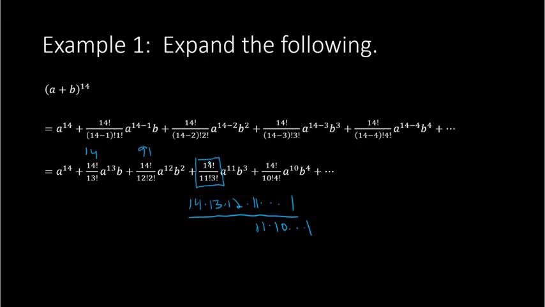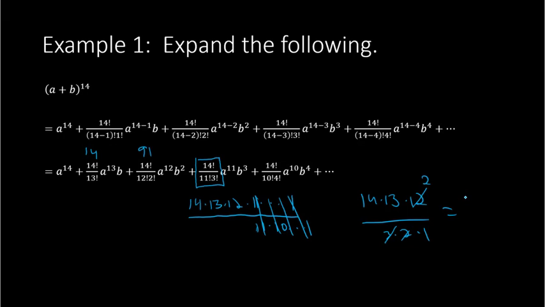So for 14 factorial over 11 factorial, the 11 all the way to 1 will cancel. So you're left with 14 times 13 times 12. But don't forget you have the 3 factorial also, which is 3 times 2 times 1. Well, 3 times 2 is 6, and then 12 on the top will divide with 6 in the bottom. So 12 divided by 6 would give you 2 on the top. So what we have is 14 times 13 times 2.